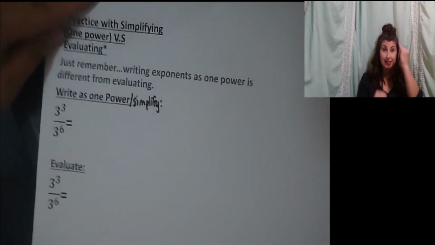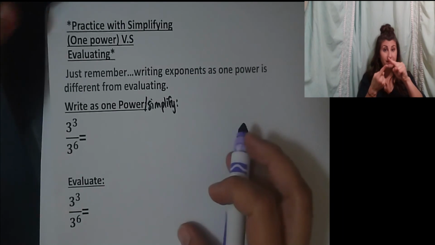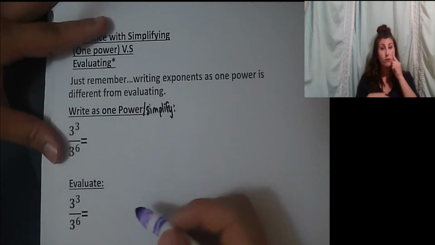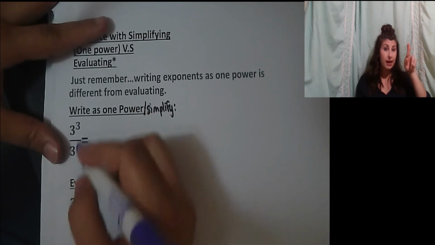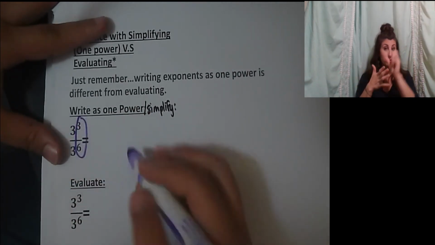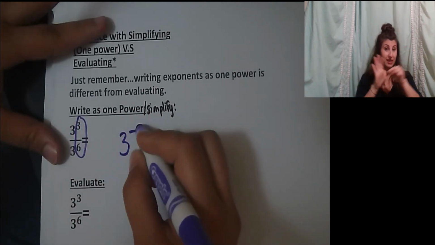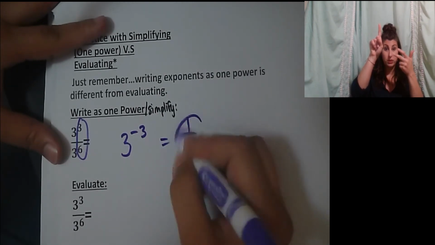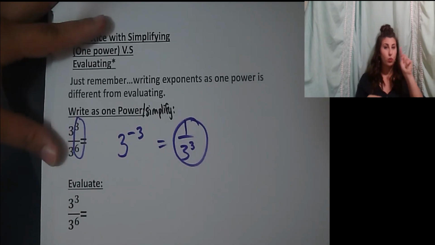And last thing about simplifying and evaluating, if I want you to write it as 1 power here, I can subtract those exponents, so that'll be negative 3. It'll be 1 over 3 cubed. That is writing it as 1 power.